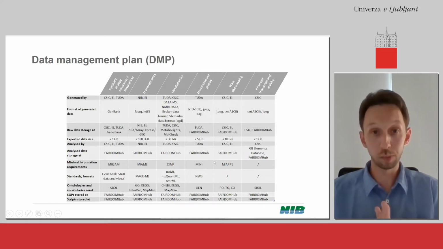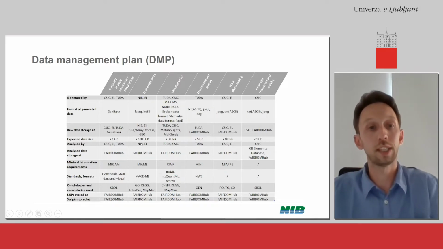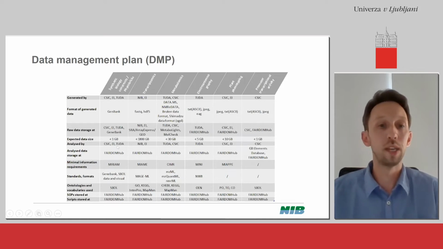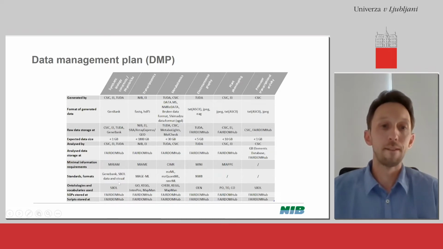So in our experience, to make an overview table and then say who will generate the data, what will be the formats, where will you store it after the raw data when you generate it, and how big it will be. So after you have analyzed the data, where will you store that?